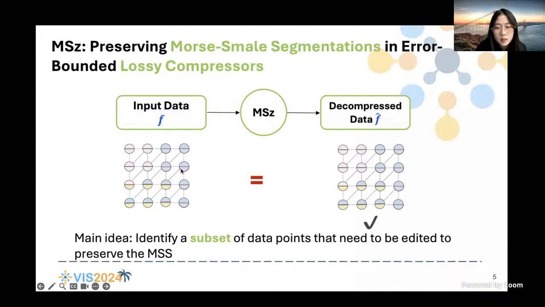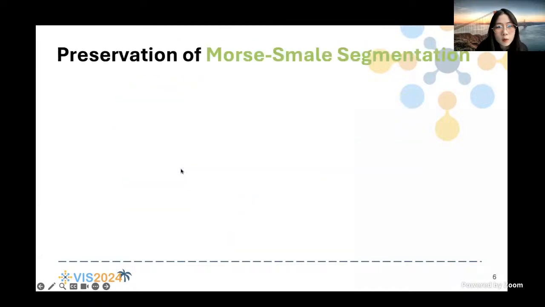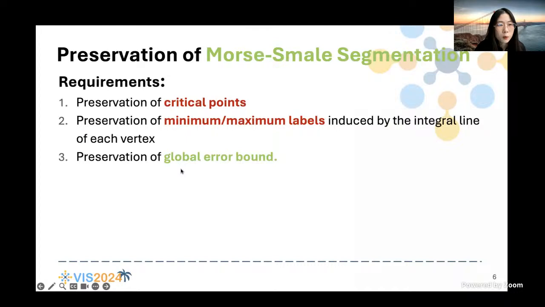Generally speaking, the output of our algorithm is a set of edits in key-value pairs, indicating the modified data points at index and their respective deltas. And there are three requirements for the preservation of the MSS. The first one is the preservation of the critical points.